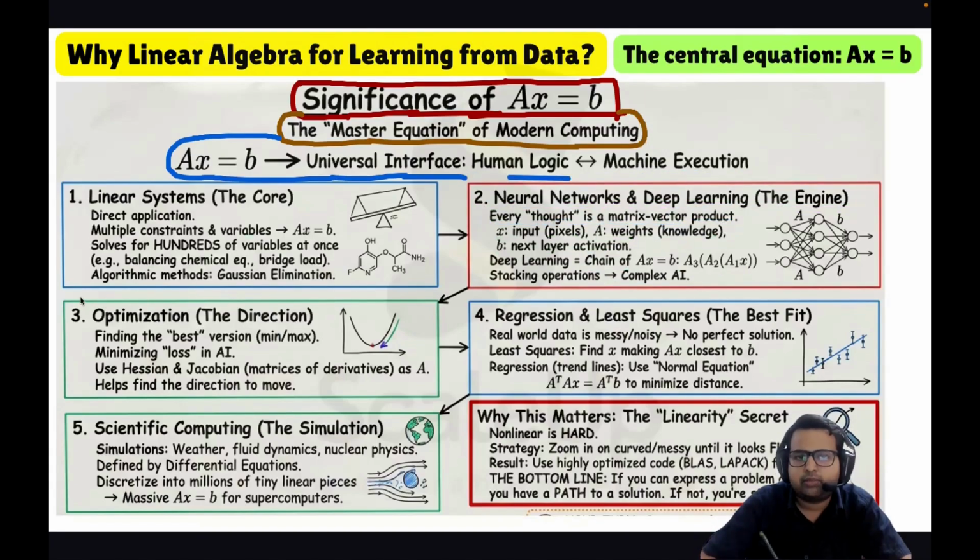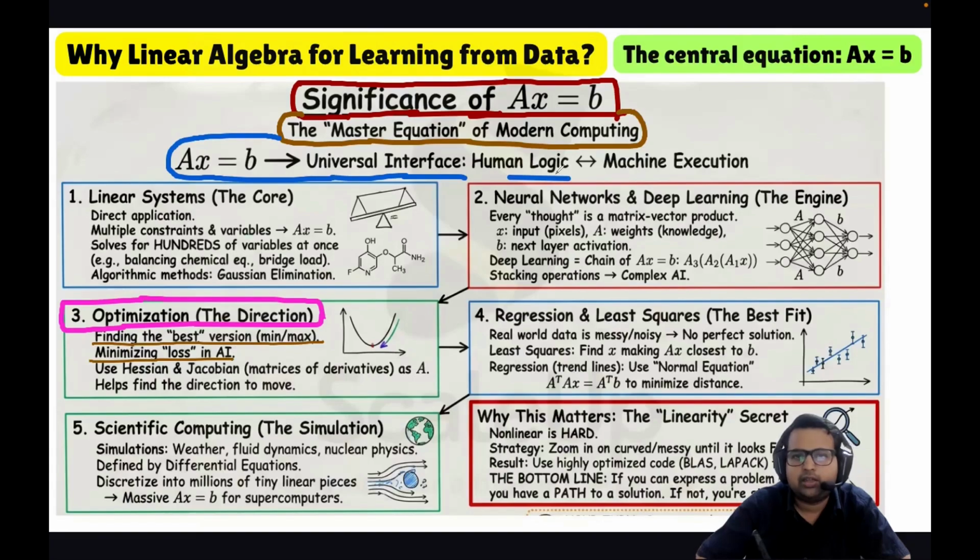Now, this master equation Ax = B also has a role to play in optimization. In optimization, it provides a direction. Optimization is the process of finding the best version of something, like minimizing the loss or maximizing the profit. AI optimization is minimizing the loss.